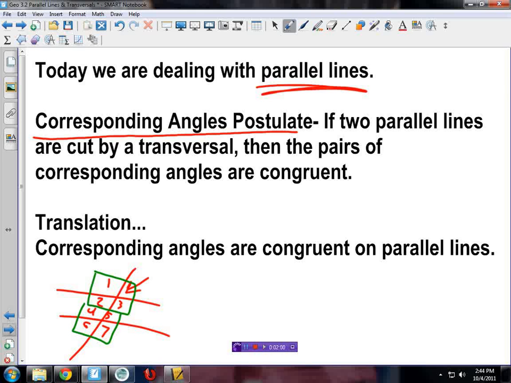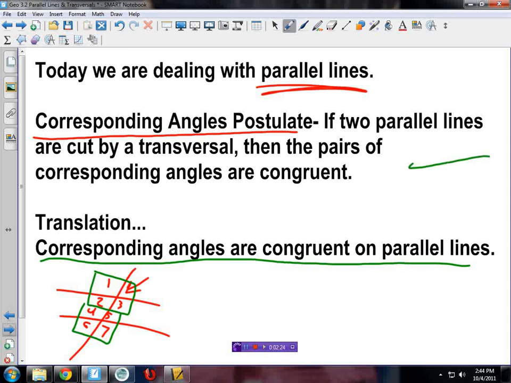All right? So here the book definition says, corresponding angles postulate. If two parallel lines are cut by a transversal, then the pairs of corresponding angles are congruent. All right? Has a lot of meaning, doesn't it? No. The translation is, corresponding angles are congruent on parallel lines, okay? For you guys, in your notes, what I underlined in green is what's important, okay?